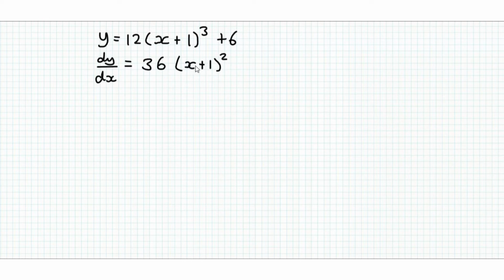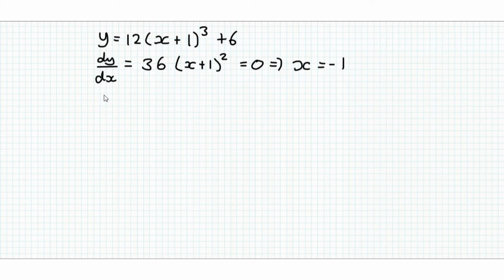In the chain rule we do have to multiply by the derivative of u, but the derivative of x plus 1 is just 1, so that's fine. The plus 6 just disappears, so if we set this equal to 0, well, 36 isn't equal to 0, so x plus 1 has to be equal to 0, and that means the only solution is x equals minus 1, the only real solution anyway.